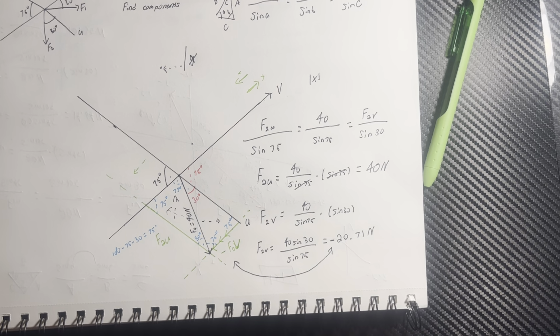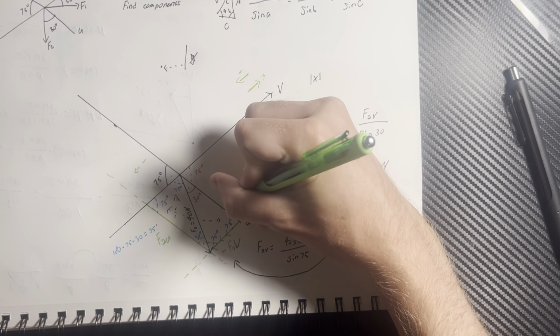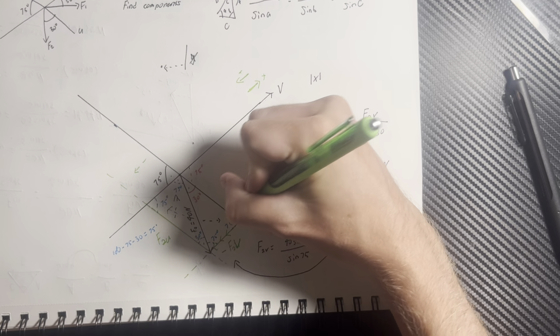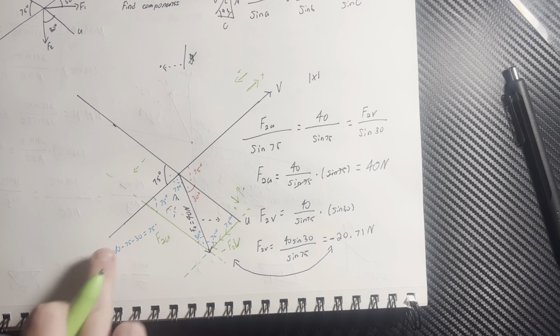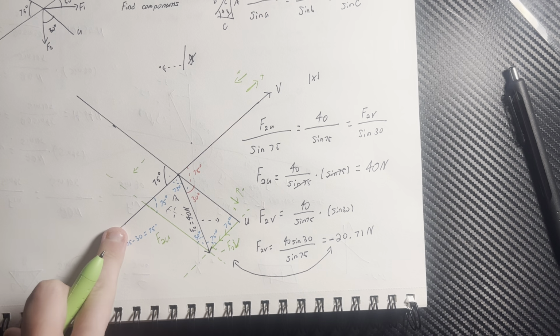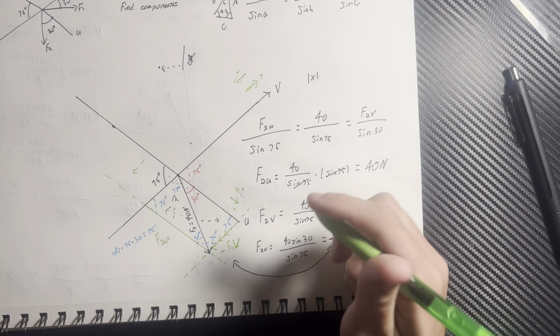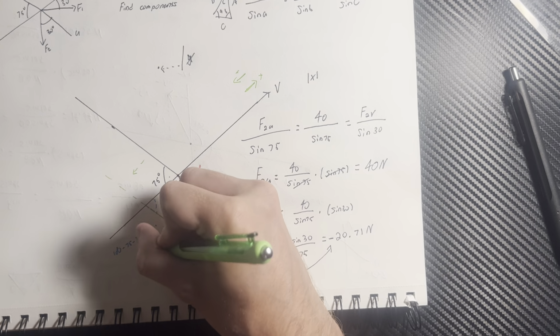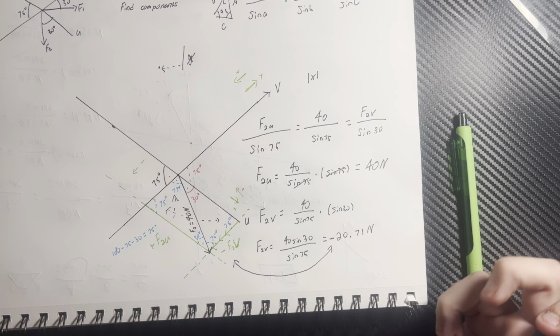And then F2U in the positive direction would be going down, and F2U in the negative direction would be going up. So in order to get to this point from F2U, you see we are going in the down direction, which means that this is positive. So 40 newtons positive is correct for F2U.